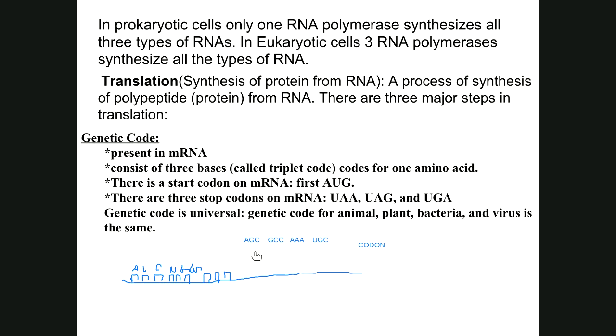Now when they start to carry the message, the mRNA starts to carry the message from this side to this side.